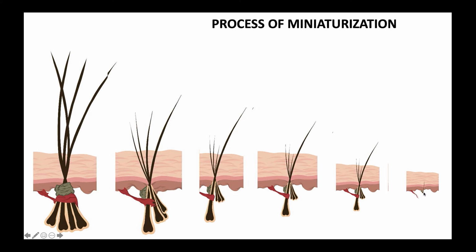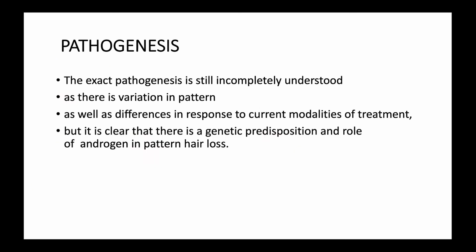That last remaining hair follicle out of the multifollicular unit also undergoes miniaturization, becomes smaller, and gradually disappears from the surface, giving the appearance of a bald scalp. That's how the process of miniaturization continues.